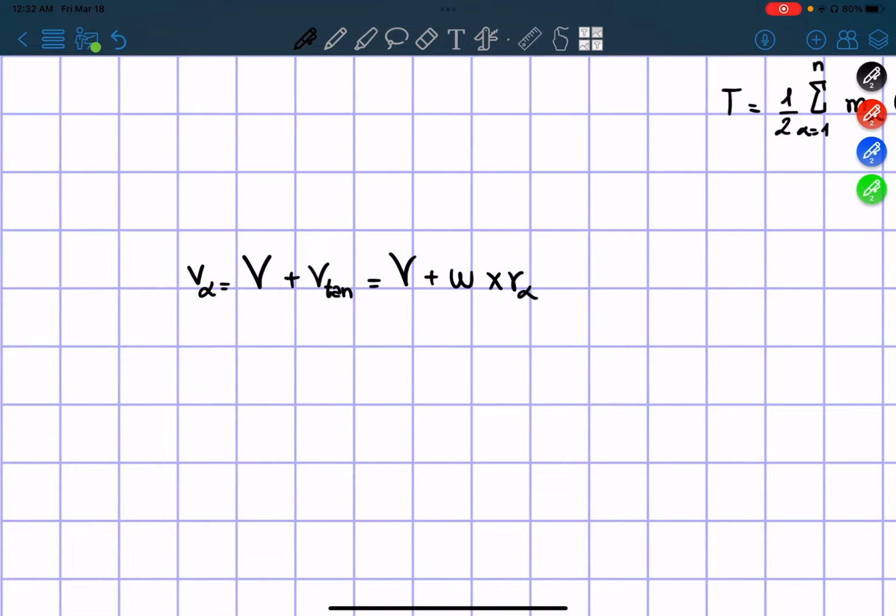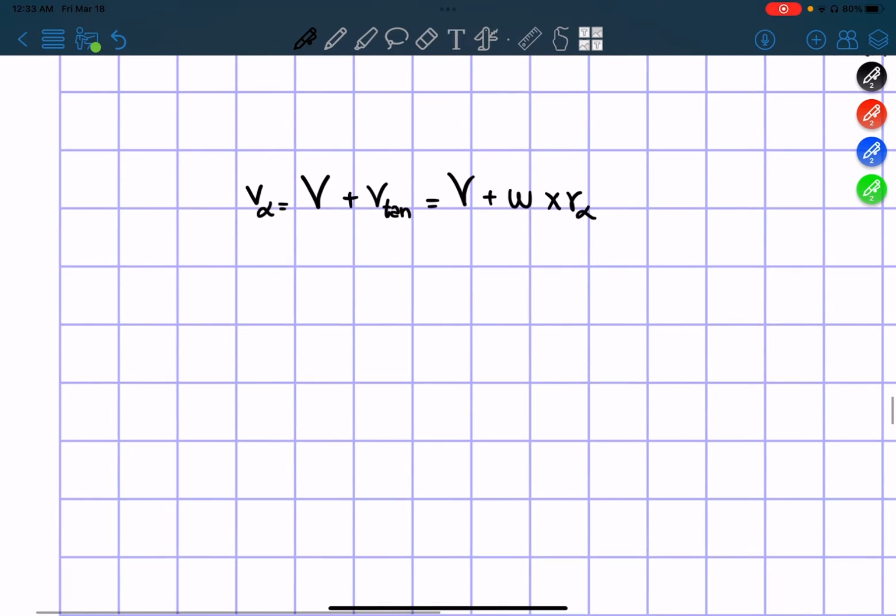And of course we're going to use all the subscripts. That means that our kinetic energy, which is equal to 1/2 m v squared, in our case, let me write it in a different way. So T alpha is equal to 1/2 m alpha, and then v alpha squared.